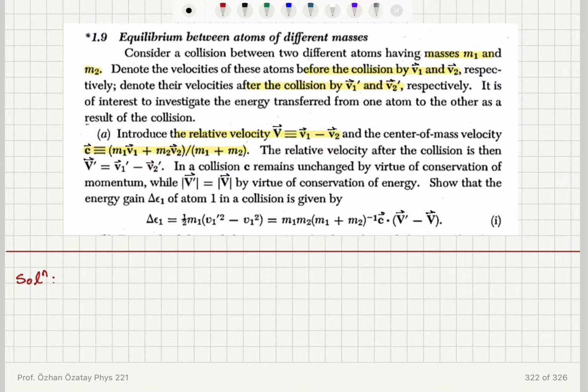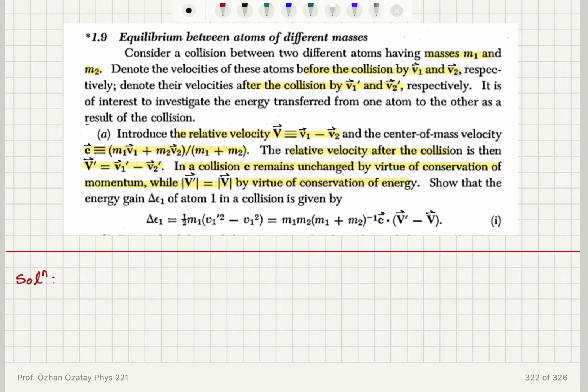The relative velocity after the collision is then V prime = v1 prime minus v2 prime. In a collision, C remains unchanged by virtue of conservation of momentum, while the magnitude of the relative velocities should be the same by virtue of conservation of energy.